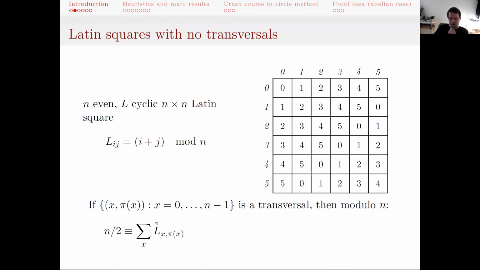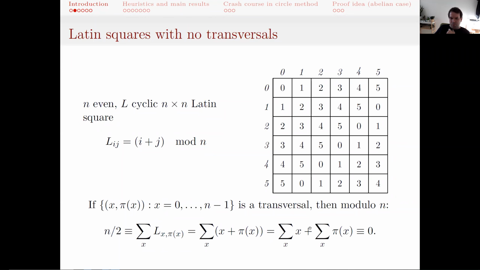This sum is the sum of all the entries that appeared in your n chosen cells. So this is just all the numbers from 0 to n minus 1 in some order. When you sum this, it would be equal to n over 2 modulo n, for n even. But we know what these entries exactly are: they are x plus phi of x modulo n.